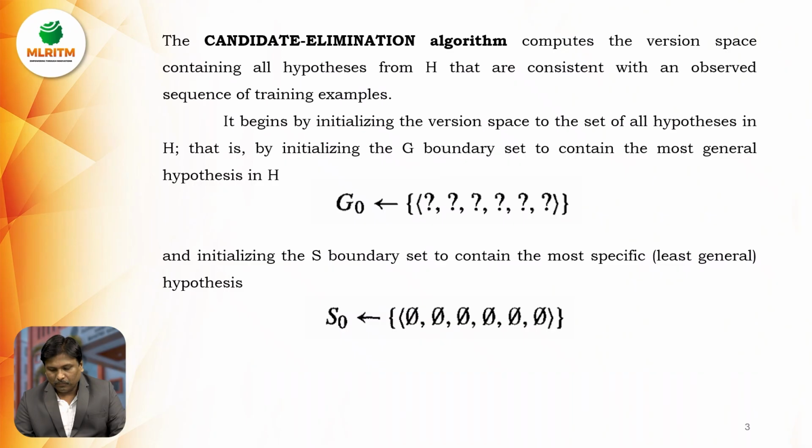As for the previous condition, G is the maximally general hypothesis and S is the specific hypothesis. Based on how many training instances we consider, we represent all of G by question marks, and for the specific condition all are represented by the null set.